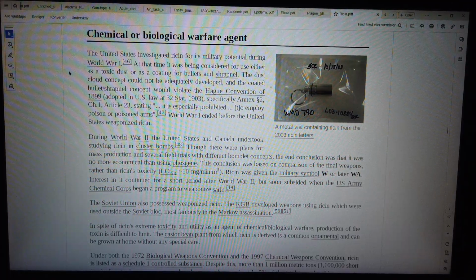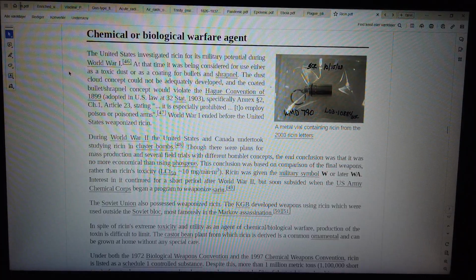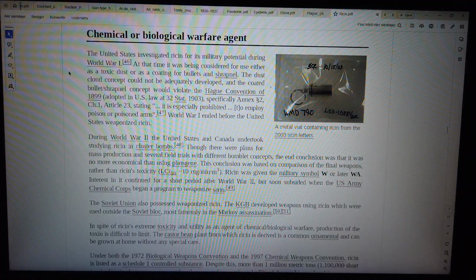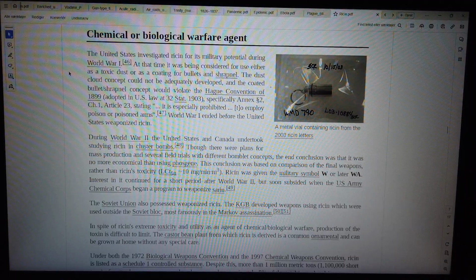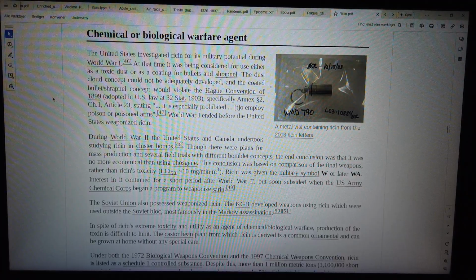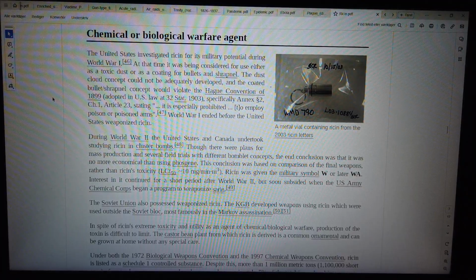Chemical or biological warfare agent. A metal vial containing ricin, from the 2003 ricin letters. The United States investigated ricin for its military potential during World War I. At that time it was being considered for use either as a toxic dust or as a coating for bullets and shrapnel.